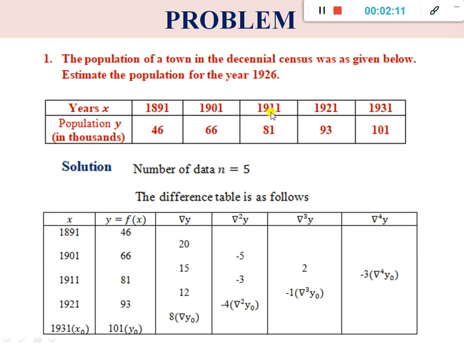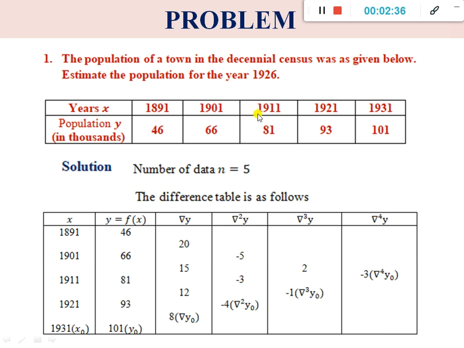Look at the x data. This is near to the last, it lies between the last two data, right? So 1926 lies between 1921 and 1931. Therefore this value lies at the end of the table, so in this case we need to use Newton's backward interpolation formula.